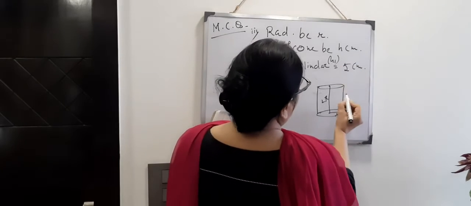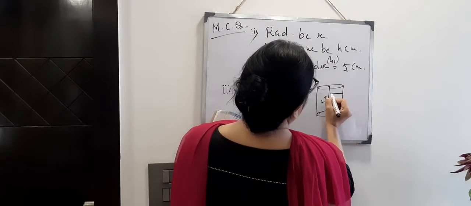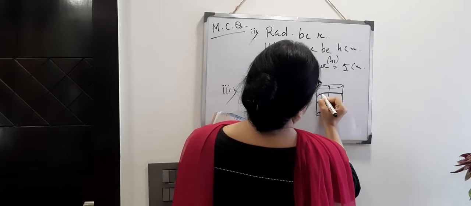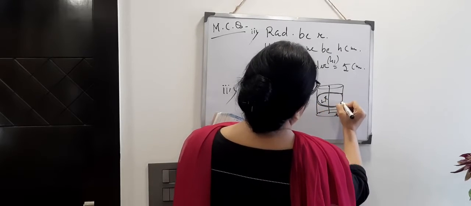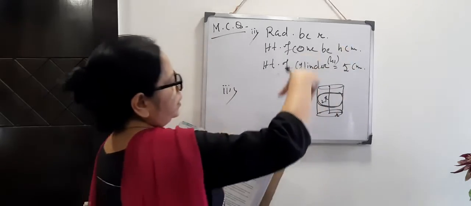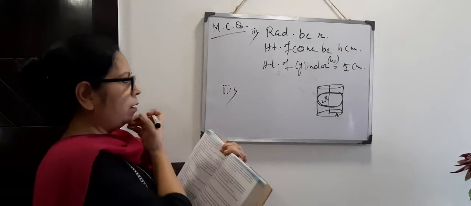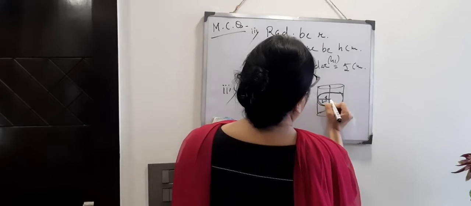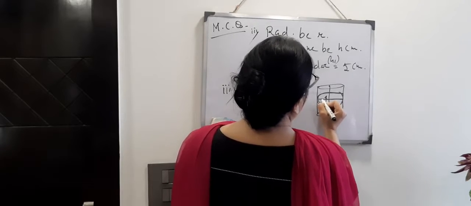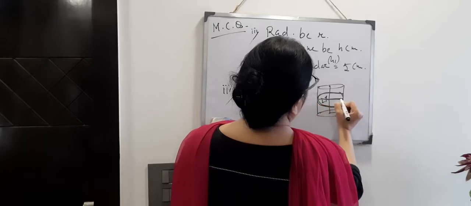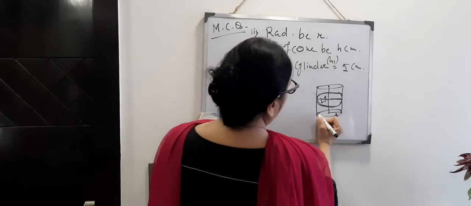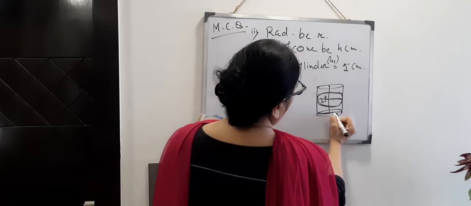Now you see, this is the sphere. It just fits inside the cylinder. Clear? Then you see, this is the diameter of the sphere. The diameter of the sphere and the diameter of the cylinder same.